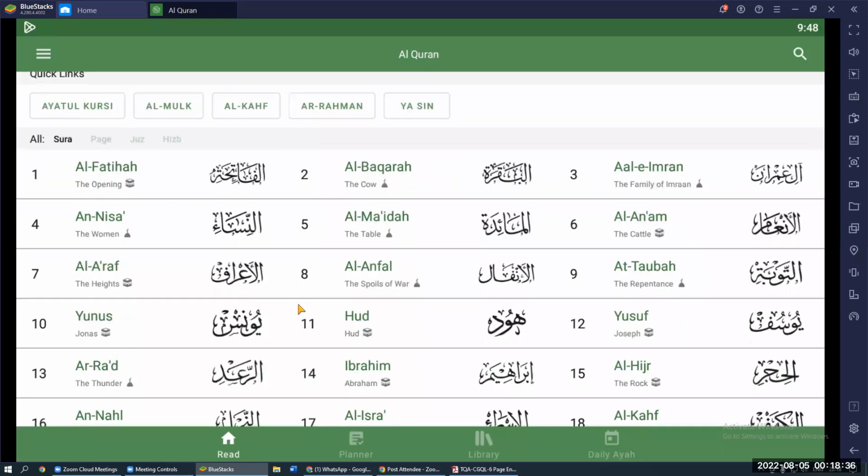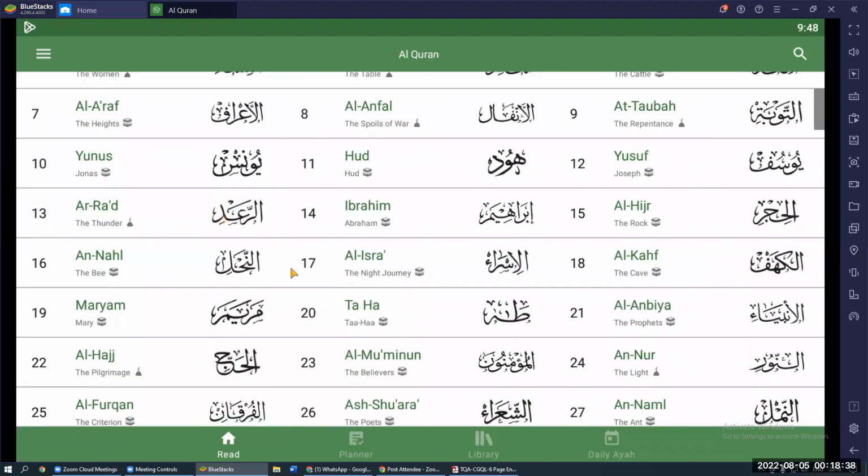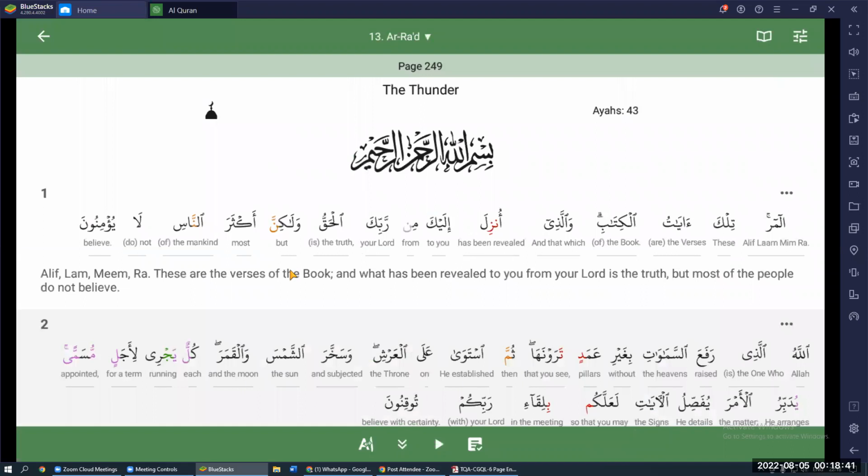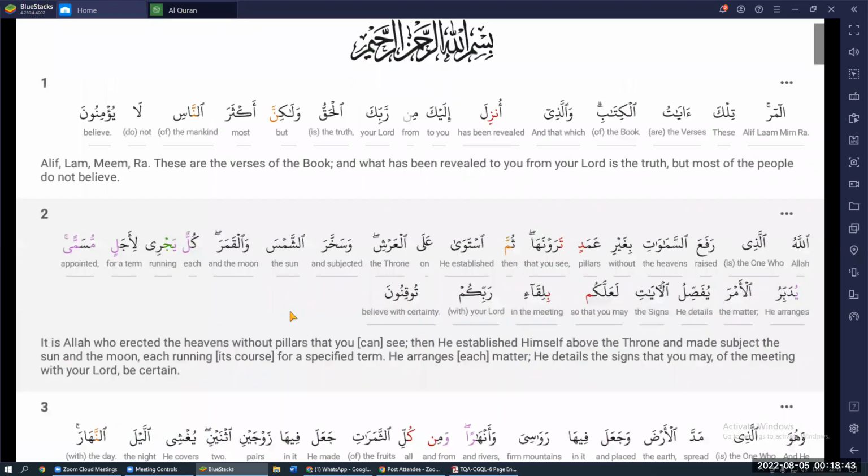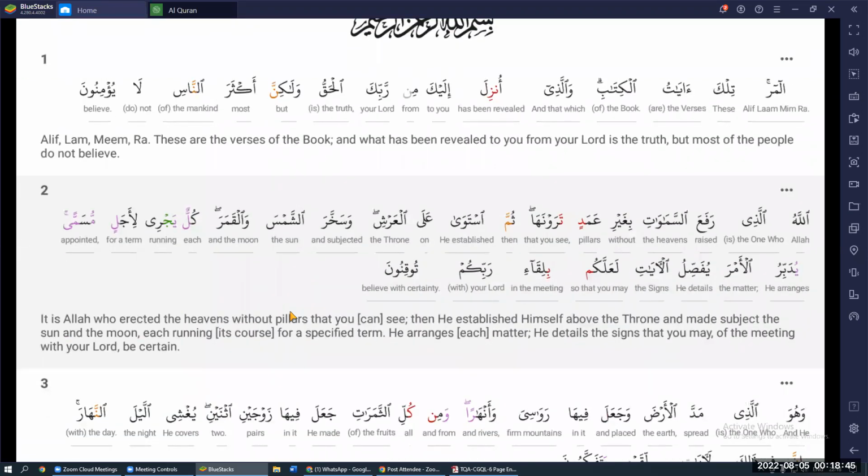Here, if you see, we can go anywhere in this surah and look at a word. Bismillahirrahmanirrahim. Allahullazi rafa'a as-samawati. How many letters here? 1, 2, 3, 4, 5, 6, 7. Correct?